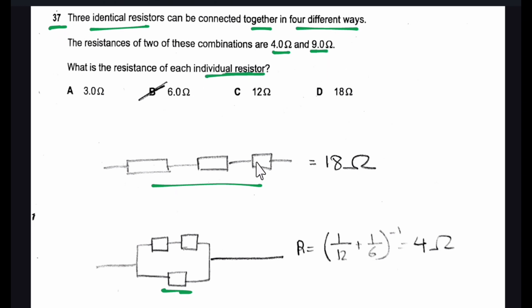So among these 4 combinations we are given the values for any 2 combinations, and we need to find the resistance of the individual resistor. So this is basically trial and error. First of all we take the resistance as 3. If we take the single resistance as 3, then we need to find whether we get 4 ohm or 9 ohm. By using 3, first of all this is 3, this is 3, this is 3, so it would be 12.